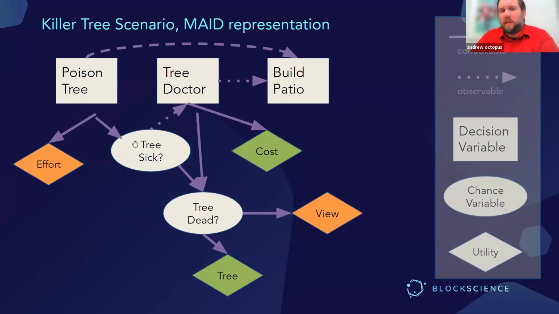So the tree being sick doesn't directly lead to the tree doctor being called, but it is information that the decision maker would utilize in the process of making that decision. And this is the graphical syntax for the multi-agent influence diagram. And it shows what each part of the model is in a clear and visually identifiable way.